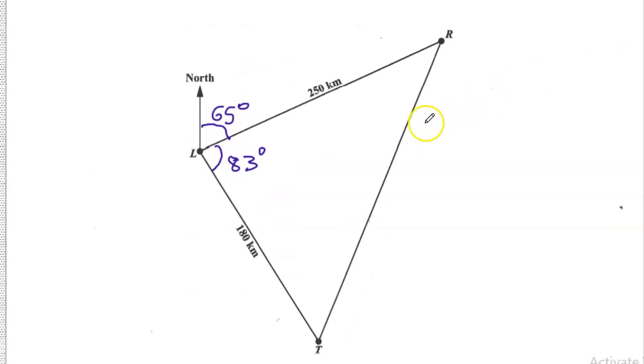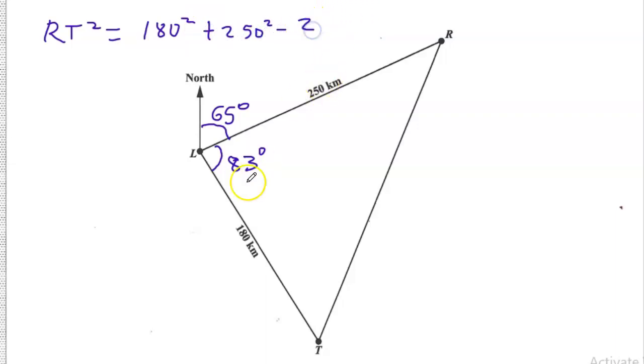RT square is equal to the sum of the other two sides square, which would be 180 square plus 250 square, minus 2 times these very same sides, 2 times 180 times 250, cos the angle between these two sides, so cos 83 degrees.